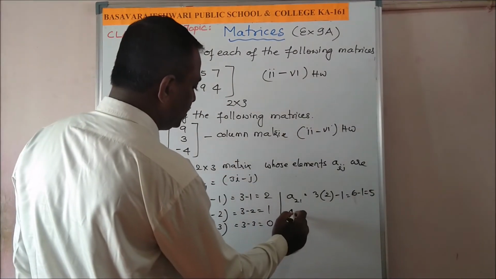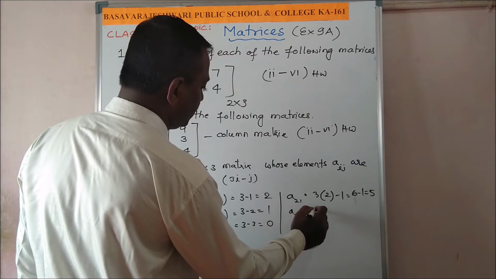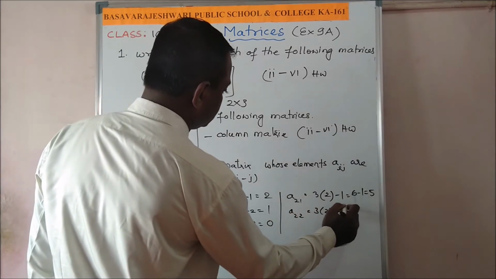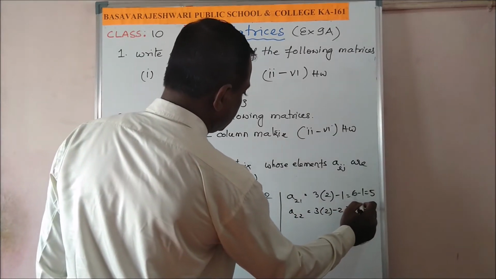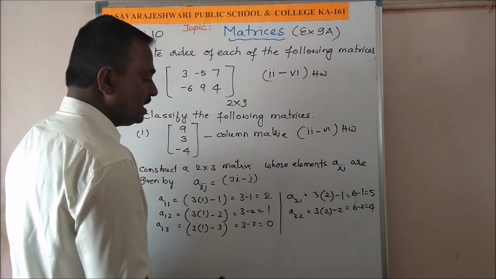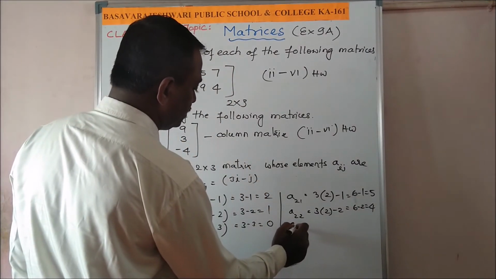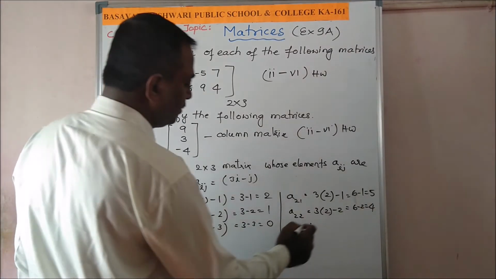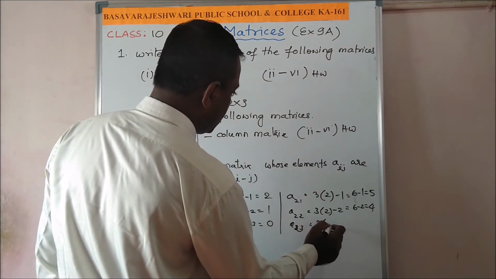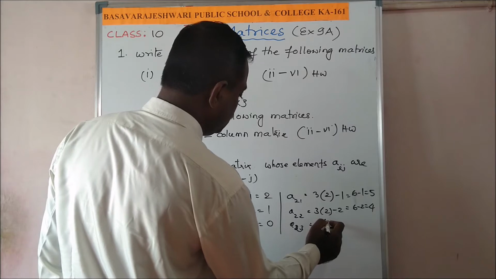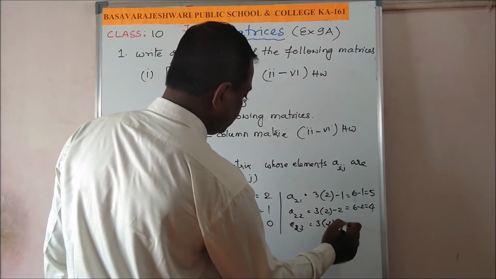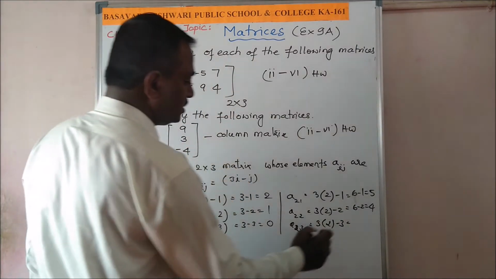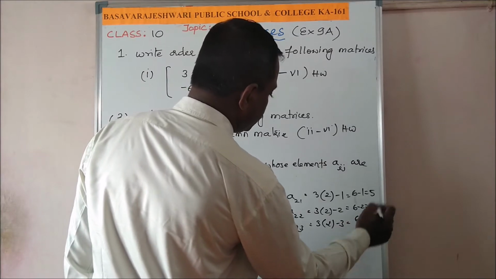Next, a_22, second row, second column: 3 into 2 minus 2 is equal to 6 minus 2, that is 4. Next, a_23, second row, third column: 3 into 2 minus 3, 6 minus 3 is equal to 3.